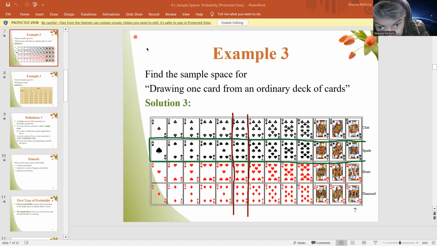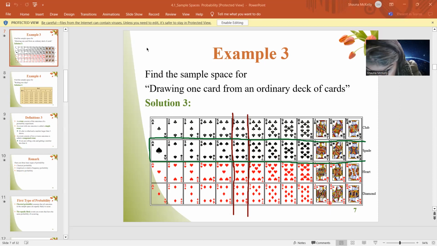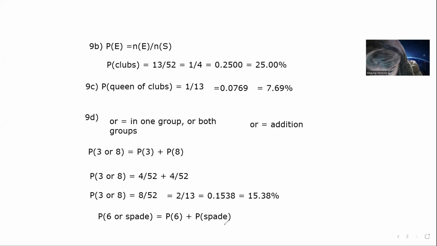Okay, so what that looks like is this. We're going to say probability of sixes plus the probability of spades minus the probability of 6 and spade. Okay, 6 and spade.